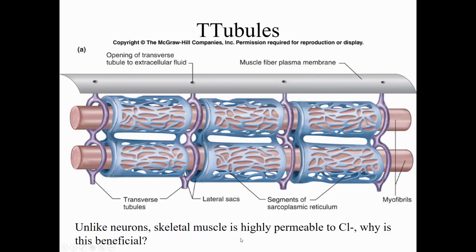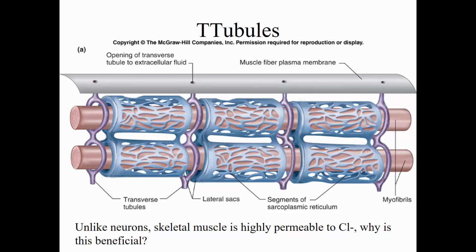So I ask a question. Unlike neurons, skeletal muscle is highly permeable to chloride, and why is this beneficial? Well, there's extracellular fluid in these T-tubules, and over many, many action potentials, there's going to be a buildup of potassium. What is going to prevent these cells from getting overexcitable? Well, this high chloride permeability.